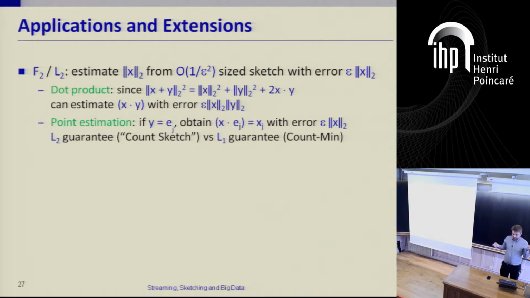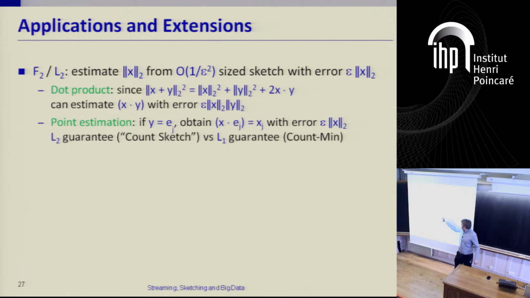If I want to estimate a particular entry, so I want an estimate of a particular entry of the original vector, I can pick a new vector y that is this sort of elementary vector. So it's 0 everywhere except on coordinate j where it's 1.